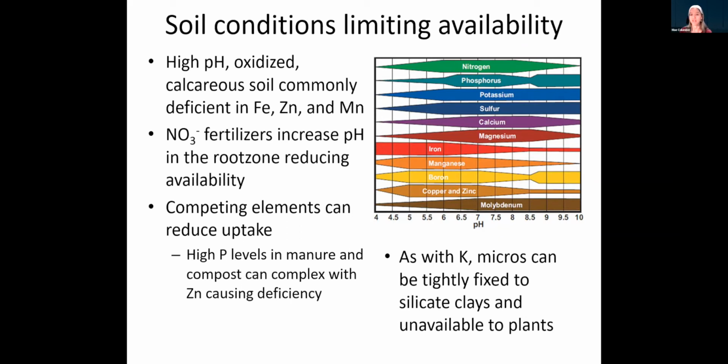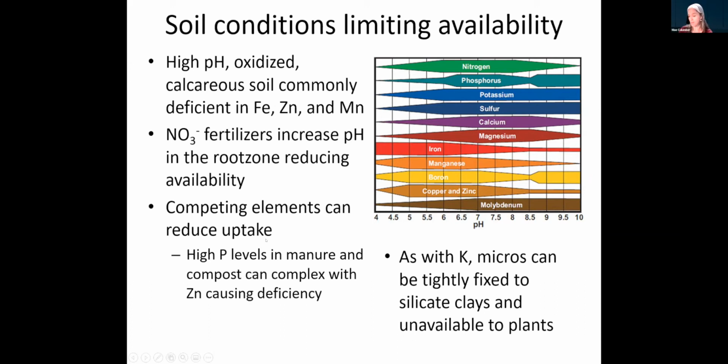When we use nitrate-based fertilizers, this has a tendency to increase the pH in the root zone as the roots exude hydroxyls. That tends to drive up the pH, and so this tends to further reduce the availability of those micronutrients. And then with uptake mechanisms of the tree, competing elements can reduce uptake.